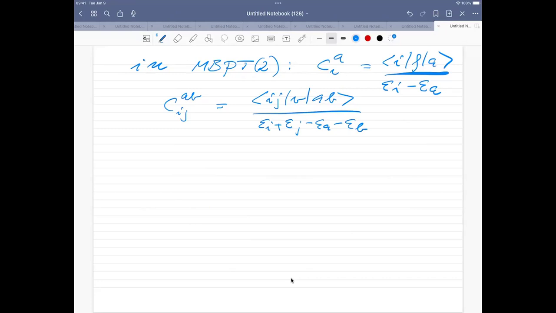So this will be your C0. Then what you would do is, for this specific guess, put C_ijk^abc 0, and all the other ones equal to 0.